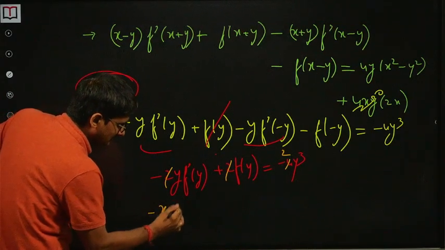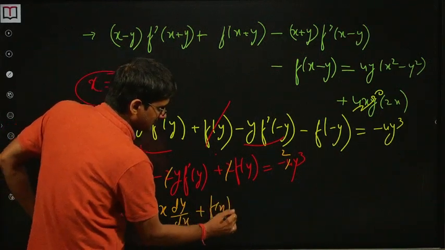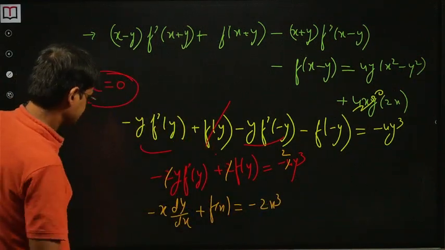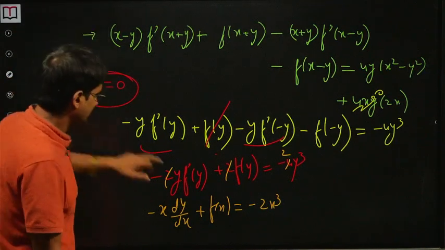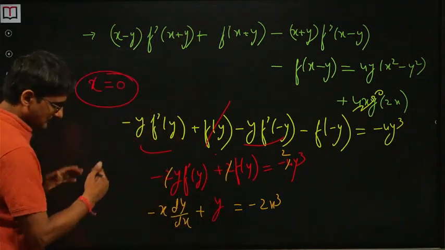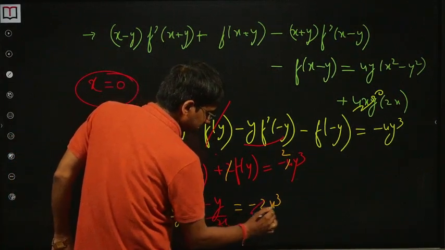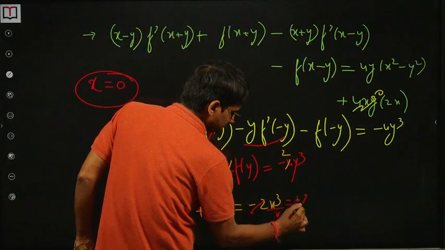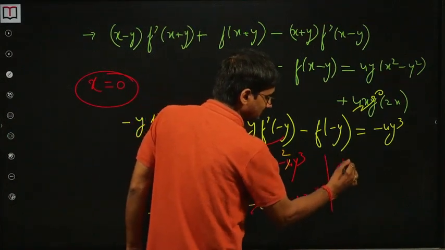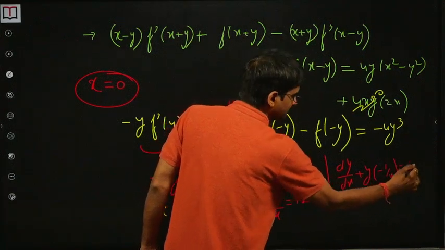So minus x dy by dx plus f of x, that is y, is equal to minus 2x cube. If I take it down, so dy by dx minus 1 by x is equal to 2x square.